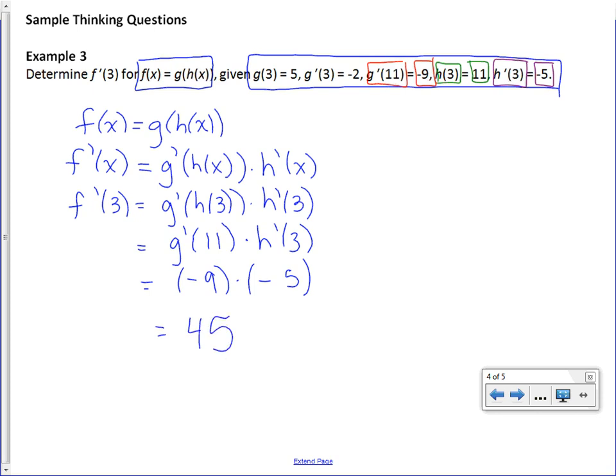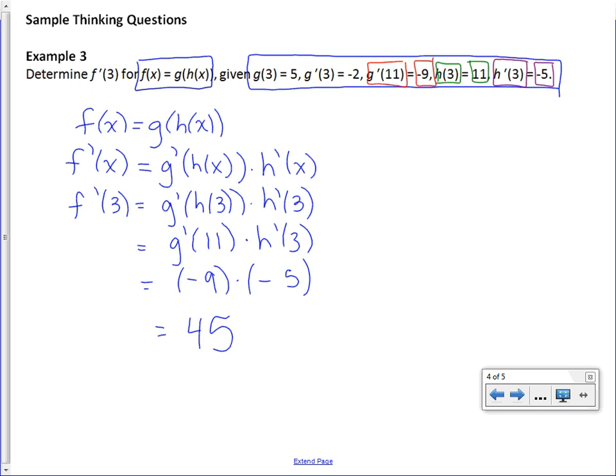So you have no idea what function f and function g and function h are, but I know that f prime at 3 is 45. Pretty cool? Fun? Okay, the idea here is, guys, obviously if I give you this question and you get a number in one of these functions that's not on your list, you did something wrong.